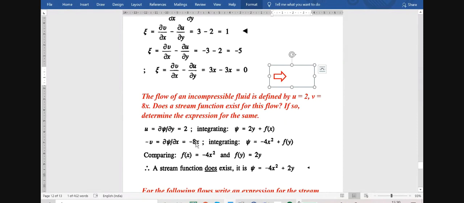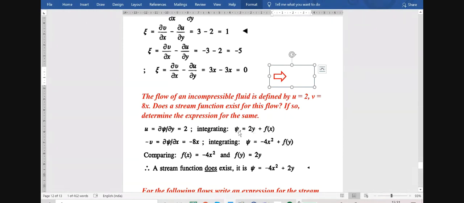So if you integrate minus 8x ∂x, what you will get? Minus integral x dx is x square by 2. So it will be minus 8x square by 2, that is minus 4x square, plus a constant of integration or a pure function of y.